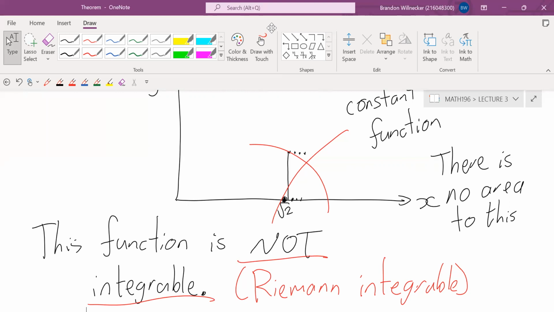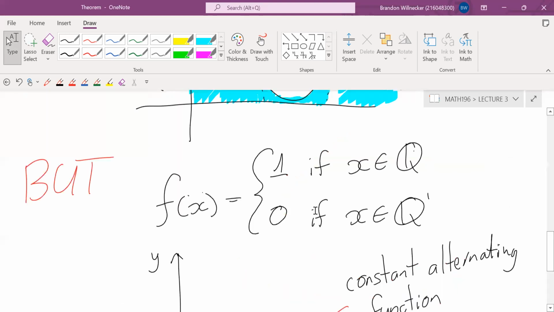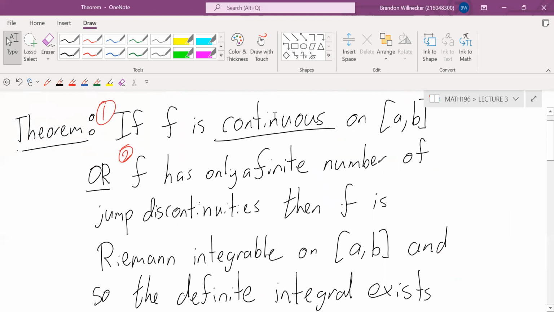However, if we go back to our theorem here, where the theorem says that all continuous functions are Riemann integrable, that's very nice, because most of the functions that we work with and that I'm going to ask you to integrate will be continuous. Okay, or they might have a finite number of jump discontinuities.